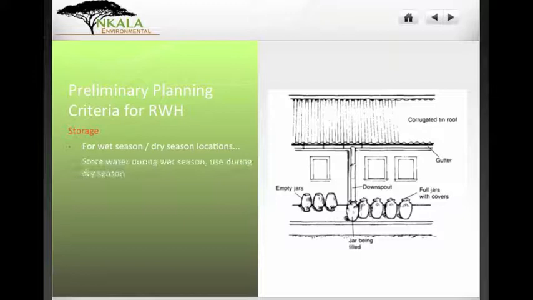Well, the basic idea is that you have to store water during the wet season for use during the dry season. You store more water when it's raining, and you use that water to carry you into the season when it's not raining.